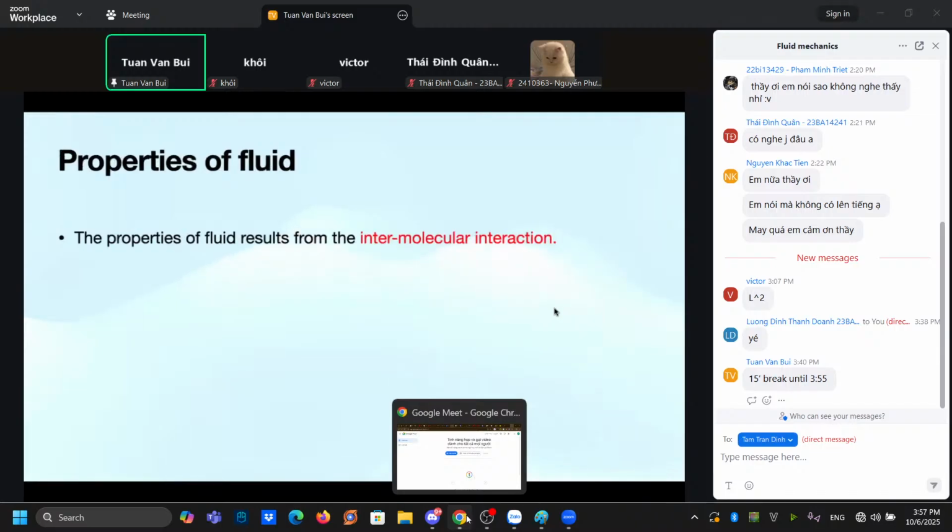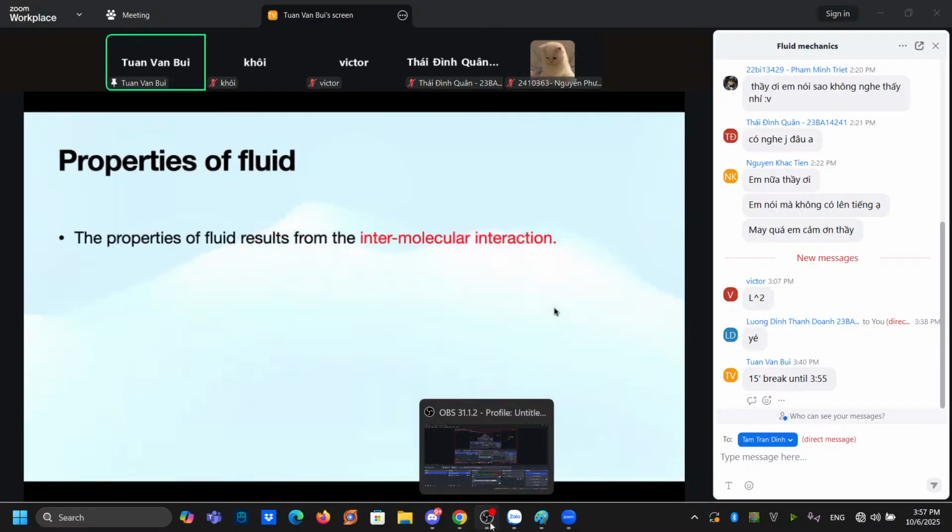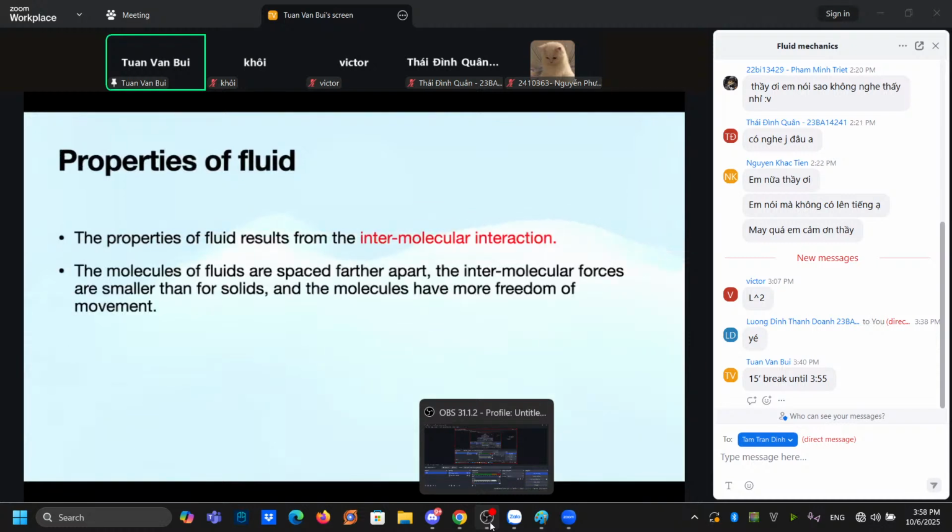The property of fluid results from the intermolecular interaction. Actually, we already saw in the previous slide that we have the structure of gas and liquid. They have spacing. So this spacing actually decides the property of the fluid.